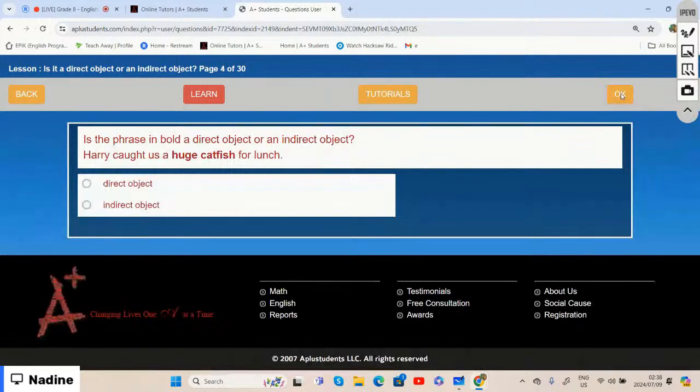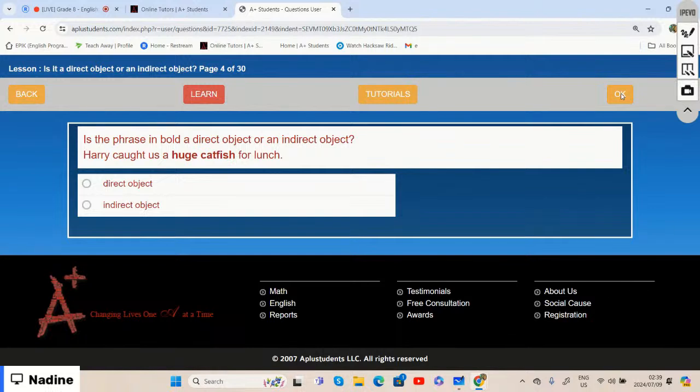It says Harry caught us a huge catfish for lunch. So Harry caught us a huge catfish for lunch. So we need to say if that is a direct object or if it's an indirect object.